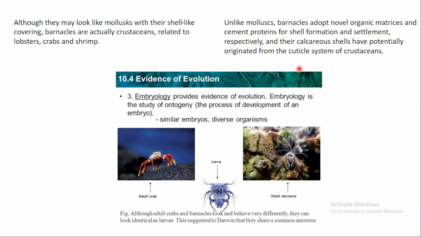So crustaceans have an outer chitinous covering, and the calcareous shells of barnacles have been derived from that. So barnacles may look like mollusks, but they are actually crustaceans. Comparative embryology is what lets us classify the barnacle, which had wrongly been classified as a mollusk, into the crustaceans.